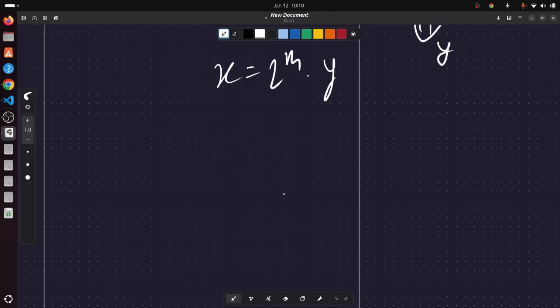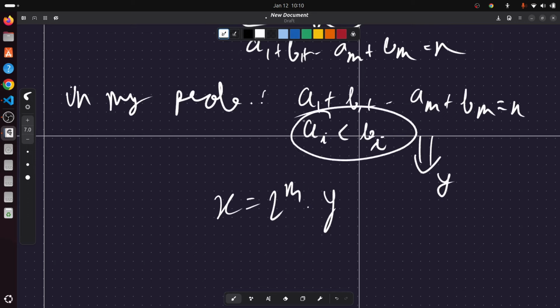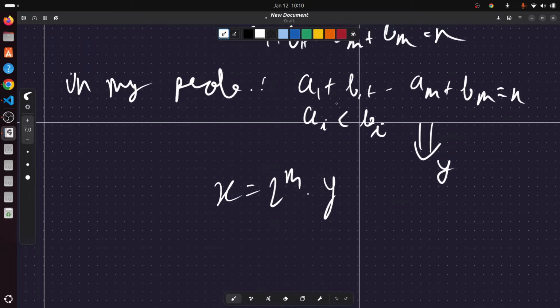So now the problem is boiled down to finding the product such that ai is less than bi. We have one more condition now, that ai is less than bi.